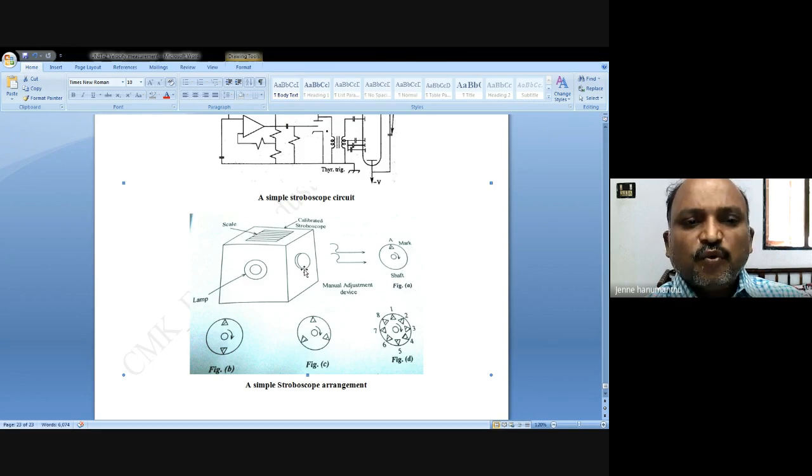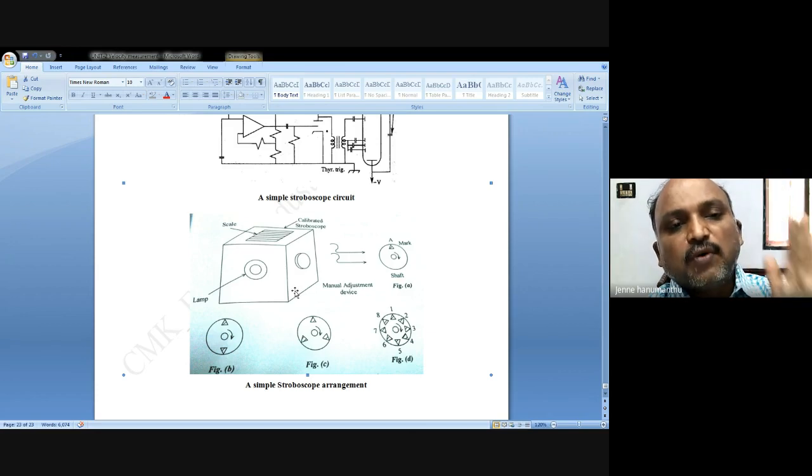But when you adjust the frequency of the flashes, remember carefully, the frequency of the flashes, there is some possibility to adjust the frequency of the light.